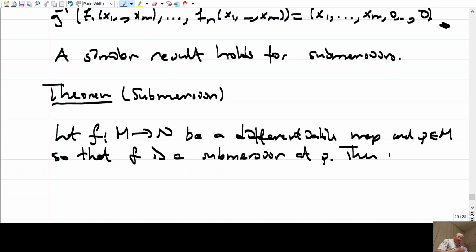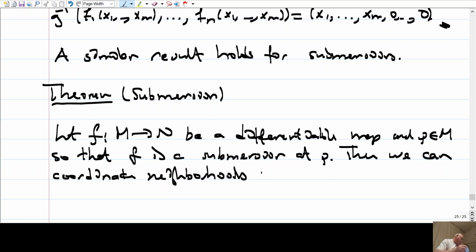Then we can find coordinate neighborhoods as in the above theorem.